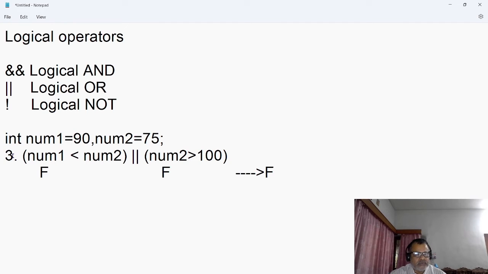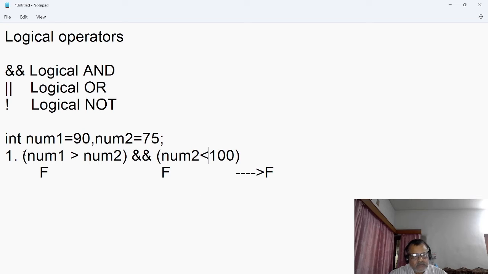Now, I want to see your last one, that is logical NOT. Actually, logical NOT is also known as complement. Complement means what? If the expression is false, it will make it true. Like this, please see. If I write here, and I want to change it again, it is less than.